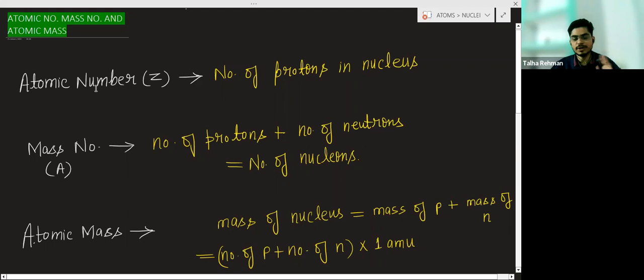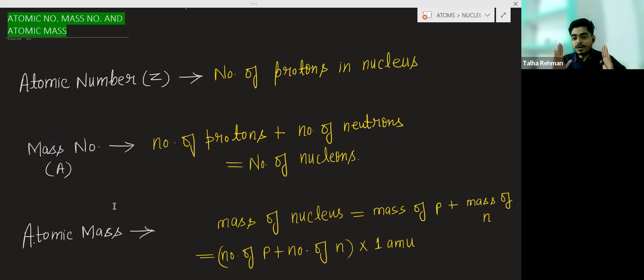The mass number is the number of protons plus neutrons inside the nucleus, because inside the nucleus there are protons and neutrons. Protons and neutrons are the nucleons, so you can say number of nucleons is also the mass number.